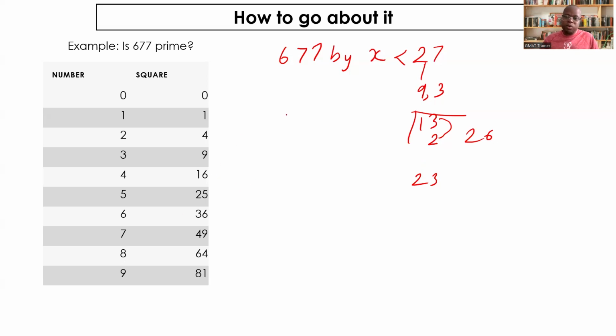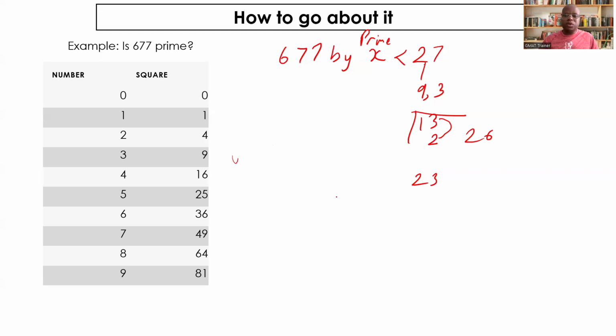So let me try. We'll modify this to divide by prime numbers. So we're going to divide this by prime numbers, right? Prime numbers of x less than 27.